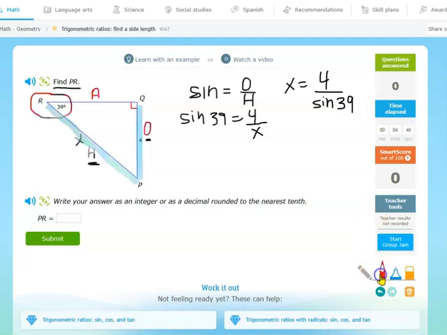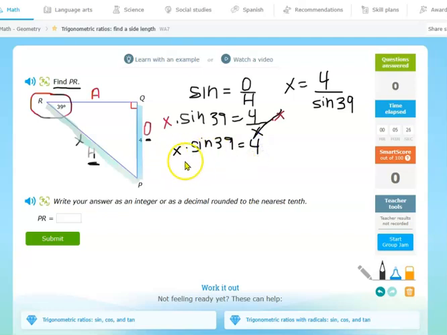So why is this happening? Let me show you real quick using algebra. In order to solve for X, we need to first multiply both sides by X. On the left we end up with X times the sine of 39 equals, and over here, the times X and the divided by X cancel, and we just end up with 4.